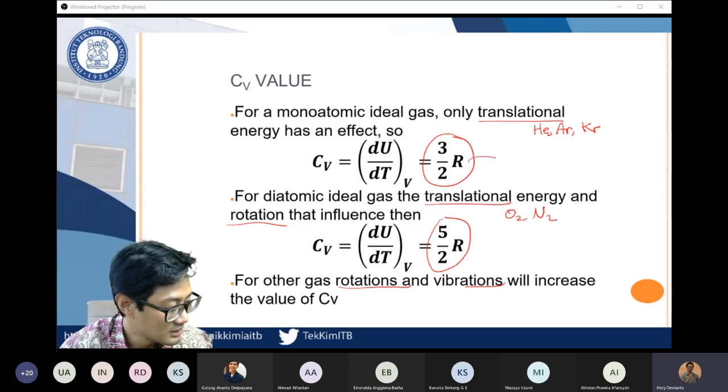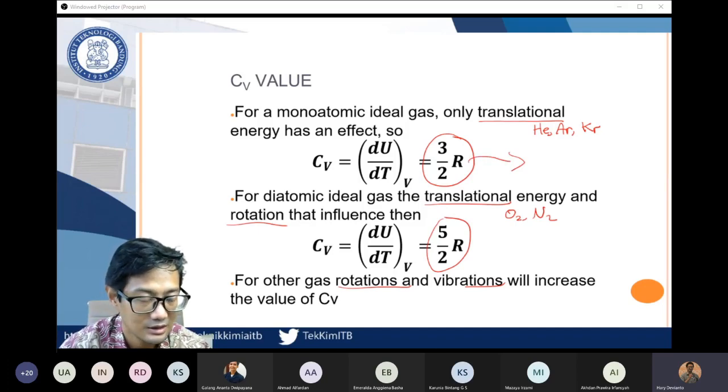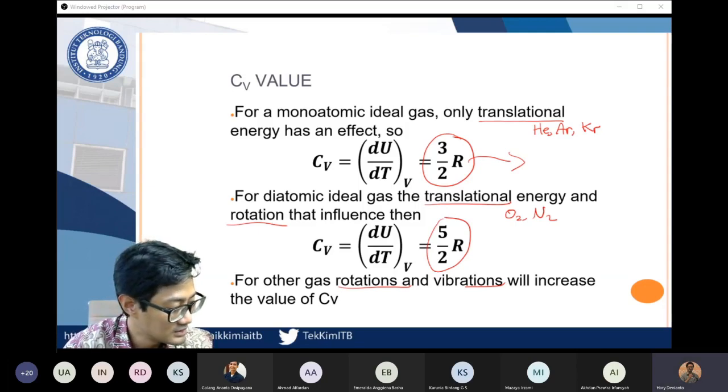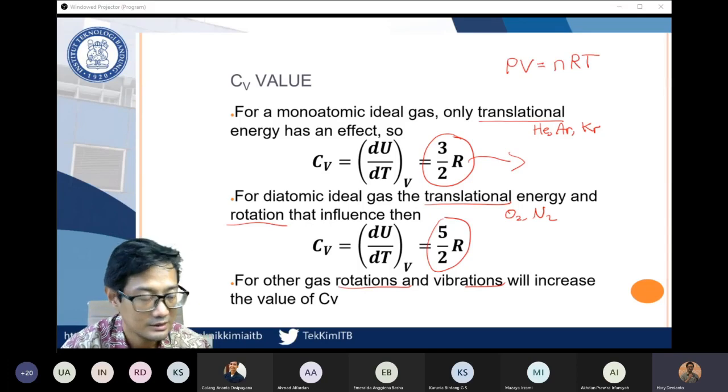Remember, this R is the same R that you normally know in the universal ideal gas formula. This is the same R as in the formula PV equals nRT.